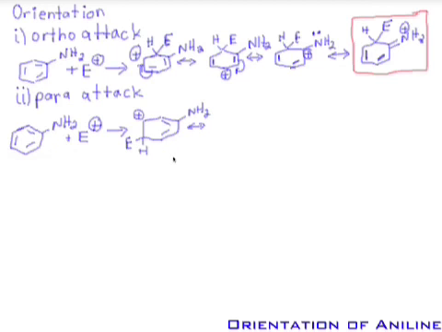I can now move these pi electrons here, which will give me the plus again next door to my NH2, which has a lone pair.